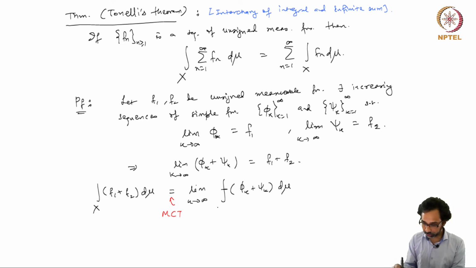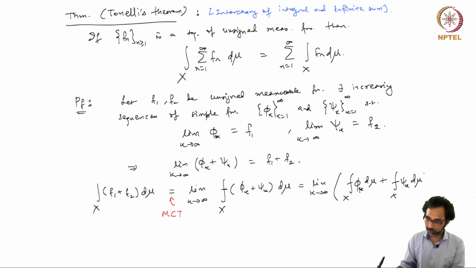But now, this is a simple integral, so we can use the linearity property for the simple integral to write this as the sum of the integral of phi_k d mu plus the integral of c_k d mu, and then we can take the limit inside because both limits exist. So this is equal to the integral of f1 d mu plus the integral of f2 d mu, again by using MCT.